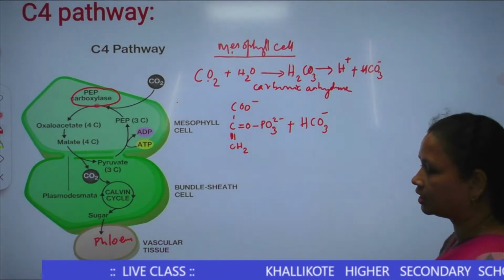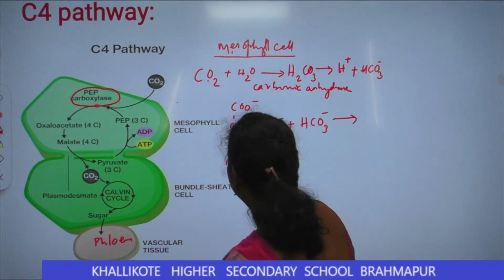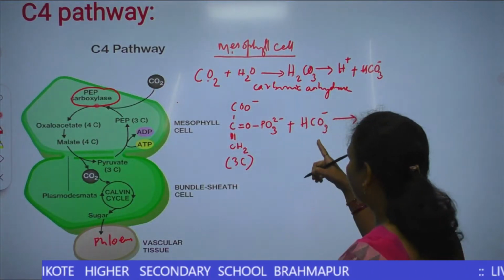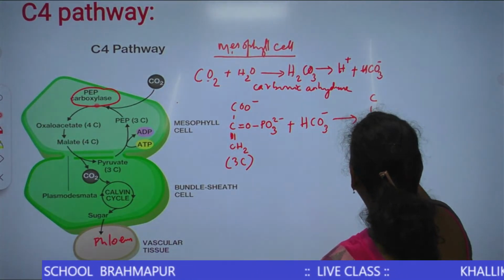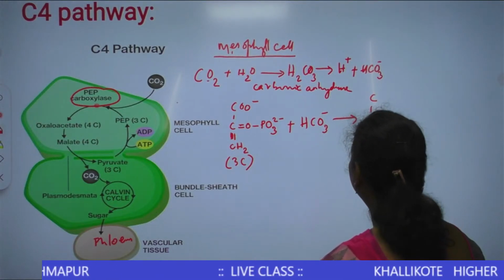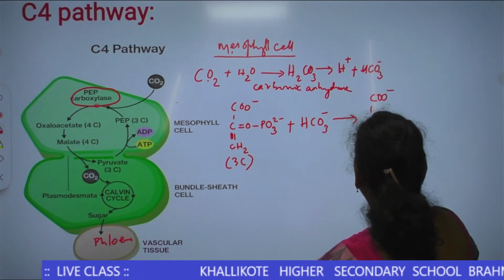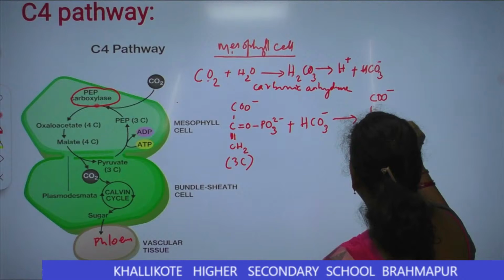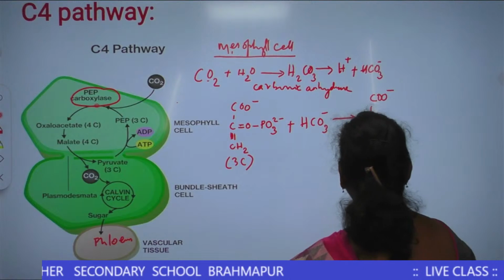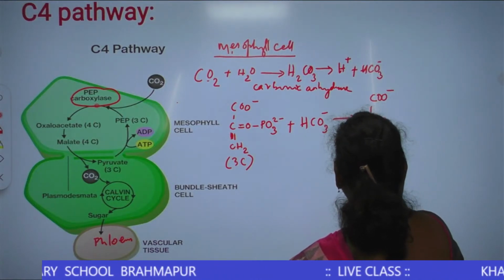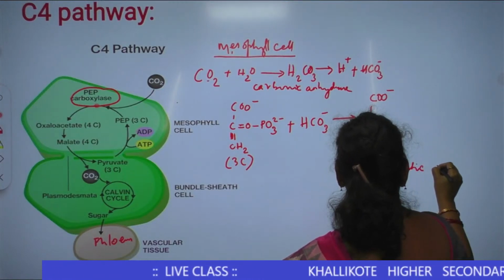This is a 3 carbon compound, and 1 carbon is added here. So, a total of 4 carbon compound will be formed. This is oxaloacetic acid.